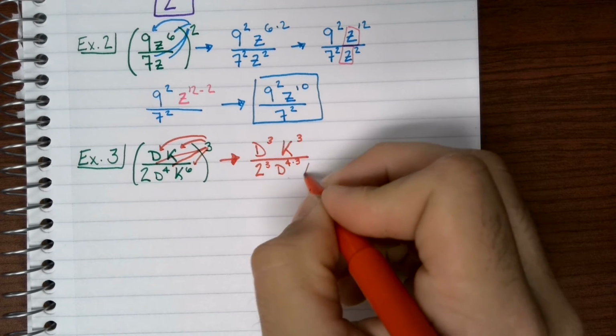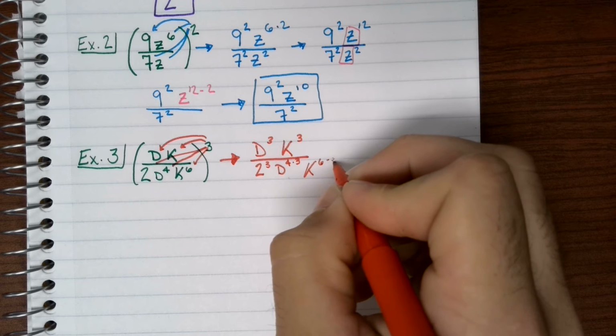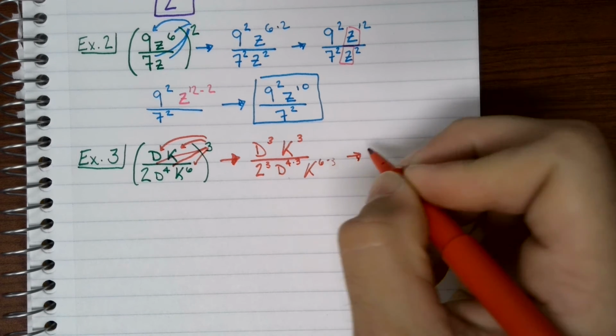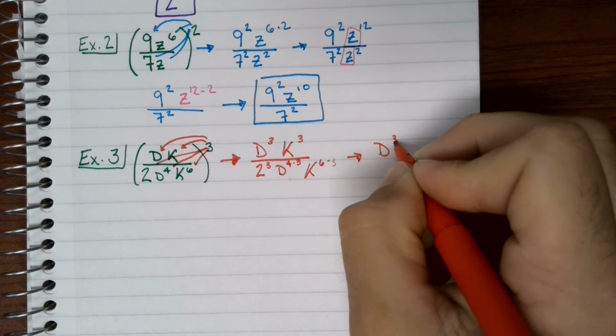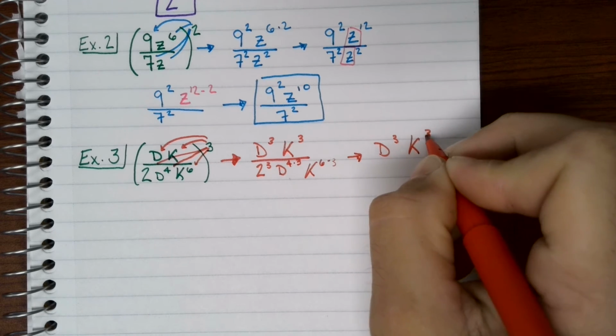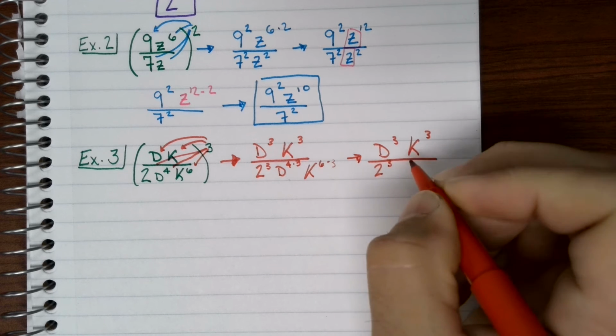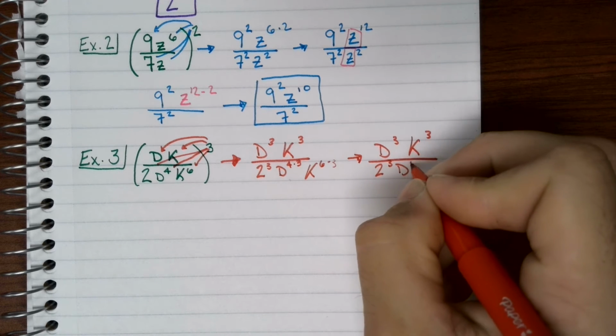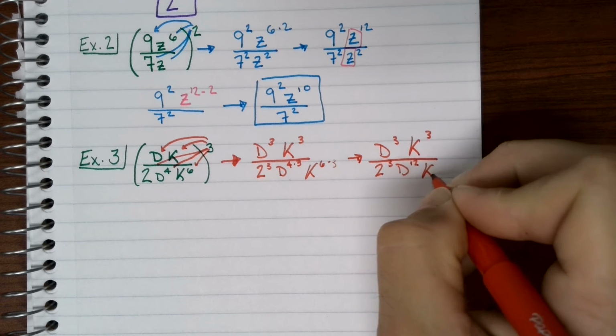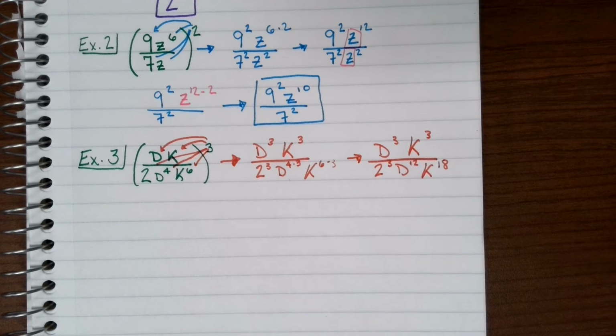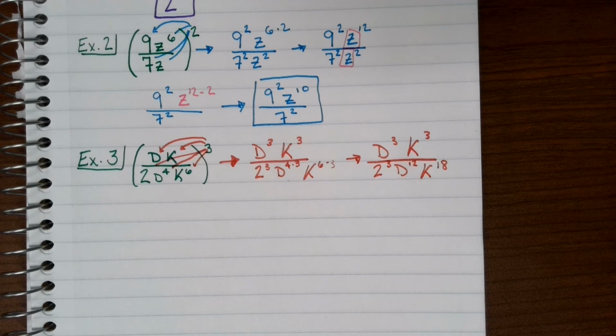And k to the 6 times 3. And when you simplify that, d to the 3rd, k to the 3rd, over 2 to the 3rd, d to the 12th, k to the 18th. Right?